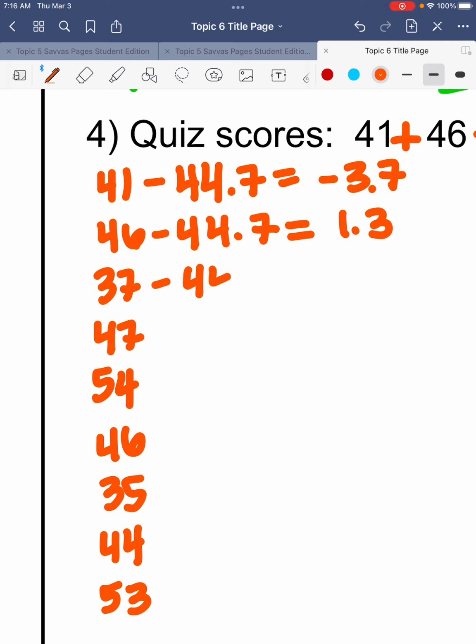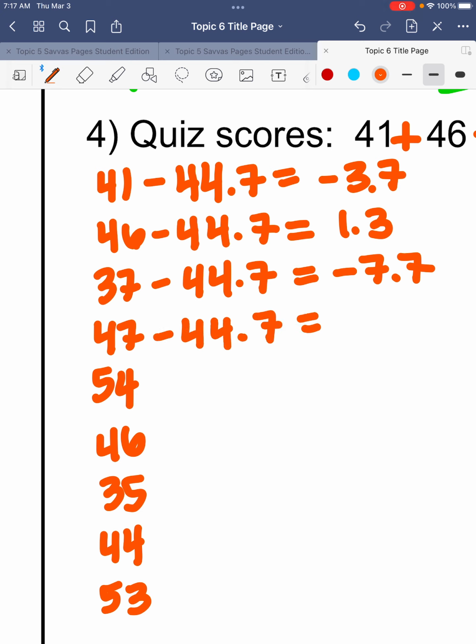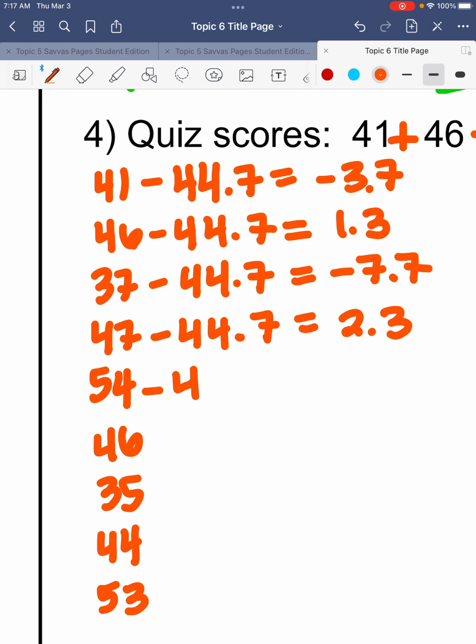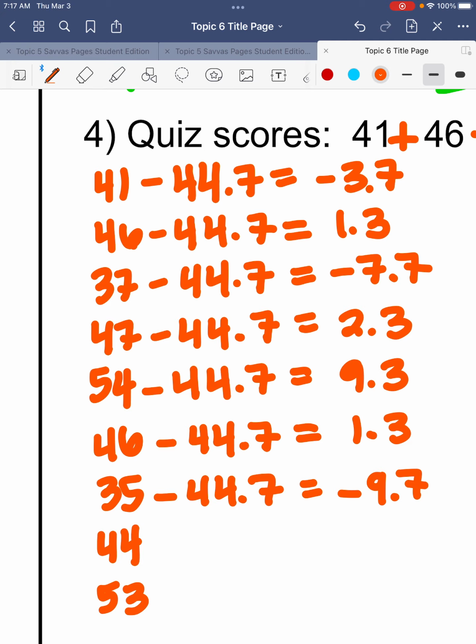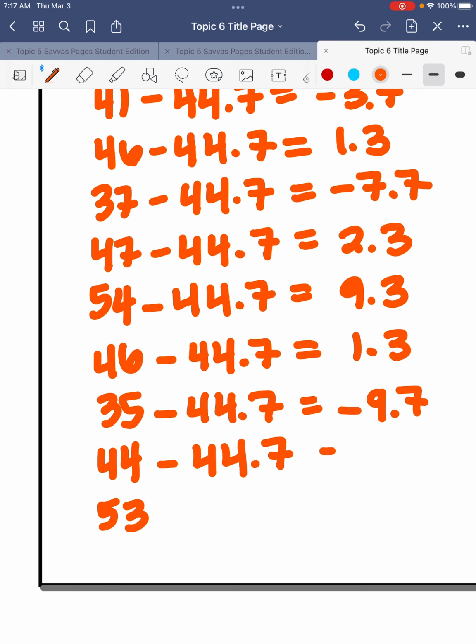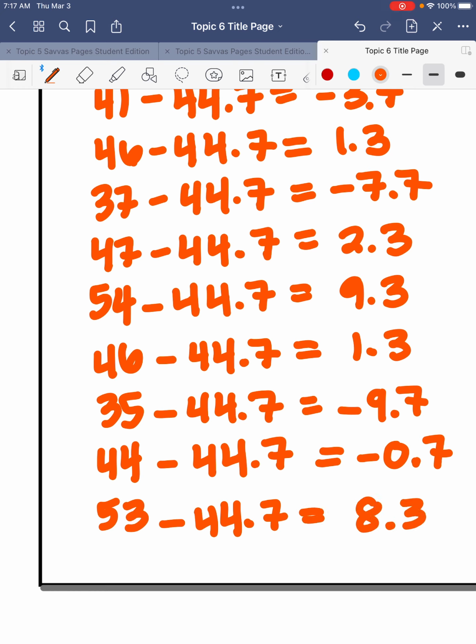So now 37 minus 44.7 is negative 7.7. 47 minus 44.7 is 2.3. 54 minus 44.7 is going to be 9.3. 46 minus 44.7 is 1.3. 35 minus 44.7 is negative 9.7. 44 minus 44.7 is negative 0.7. And 53 minus 44.7 is going to be 8.3.